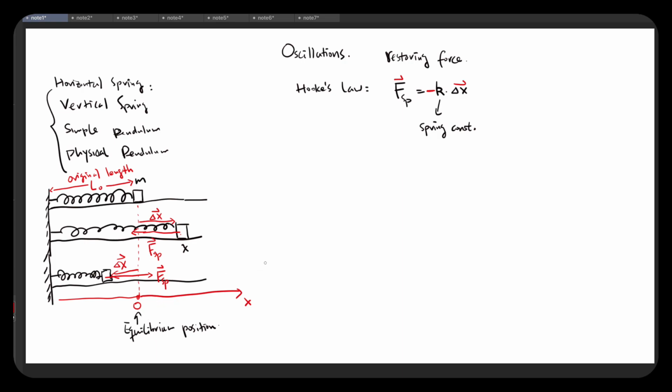Now, that's a general definition for the equilibrium position: it's the position where the net force on the mass M equals 0, because that's our definition of equilibrium from Newton's second law.